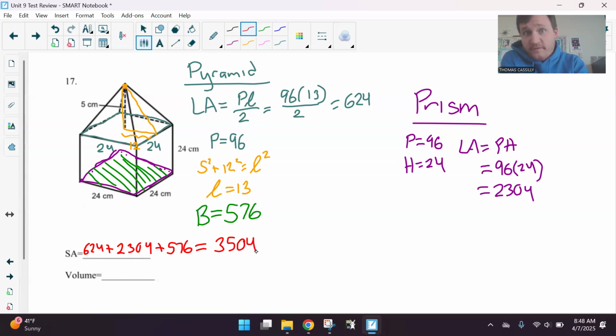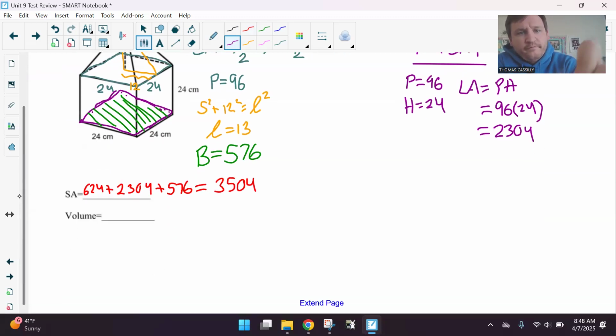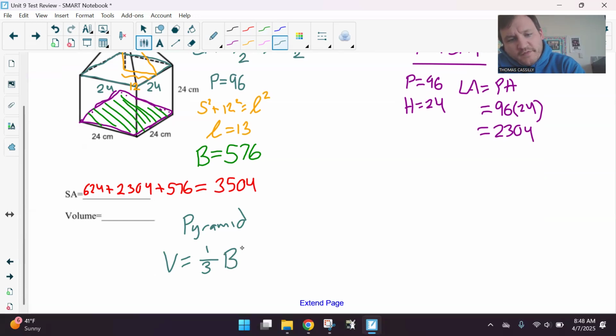Now the volume. We need the volume now, so I'm going to go back to the pyramid. The volume on this guy is 1/3 the area of the base times the height. Fortunately, we have all three of those.